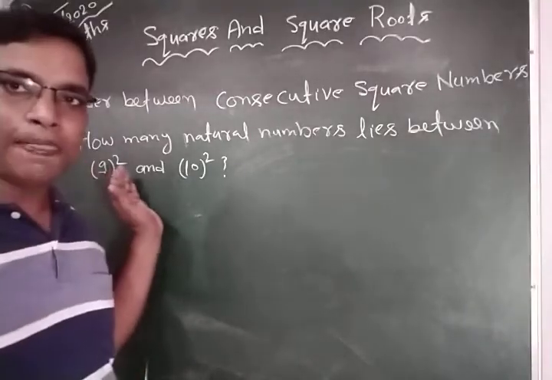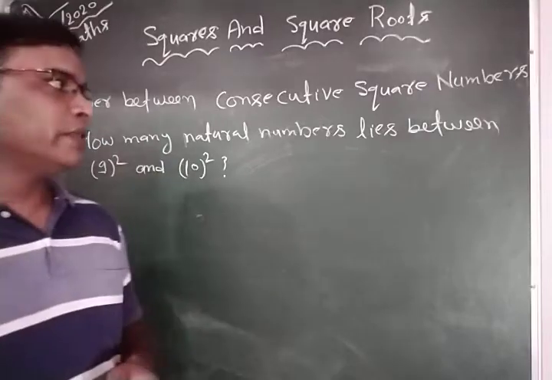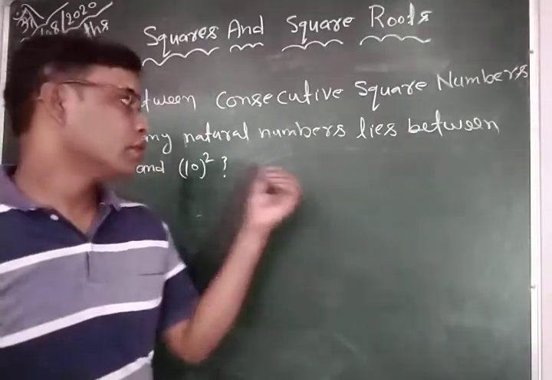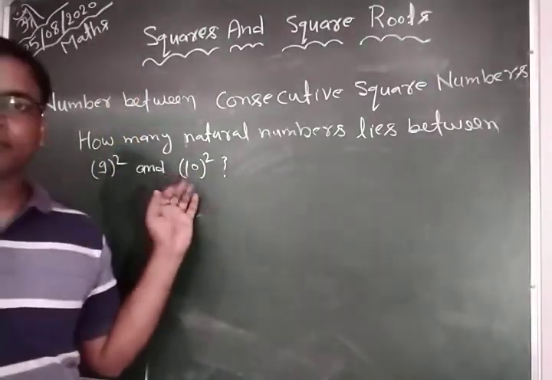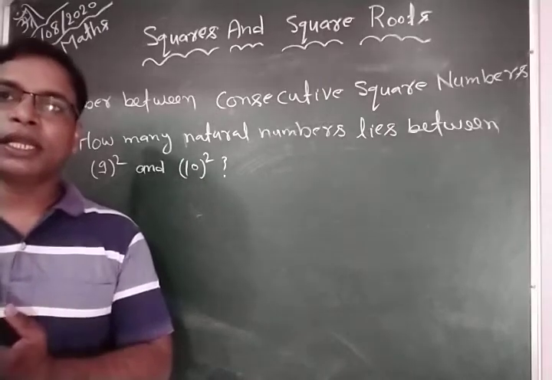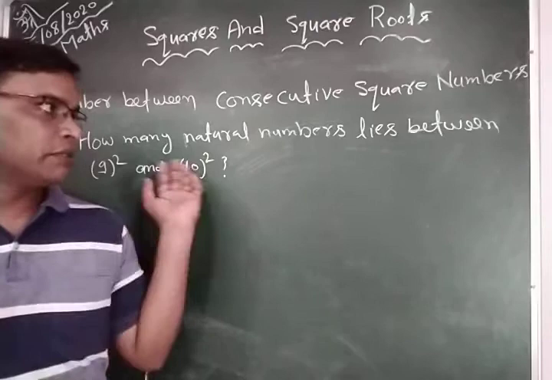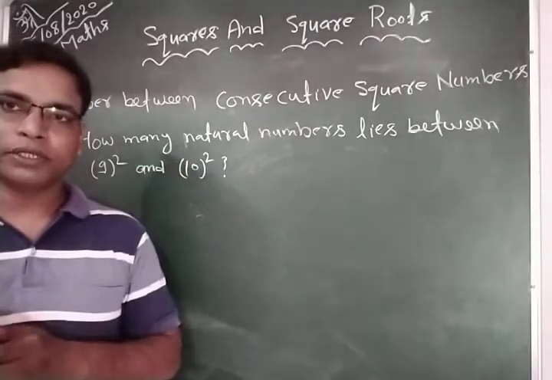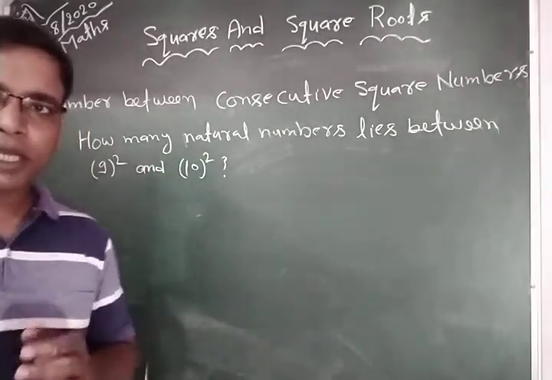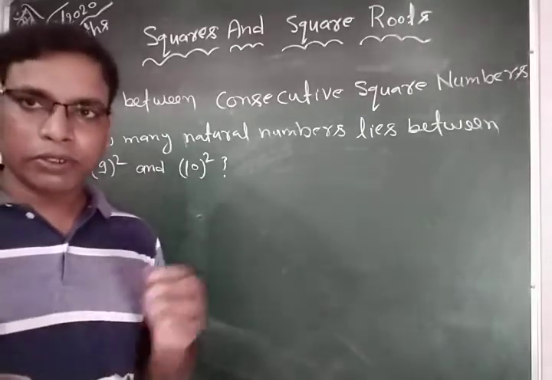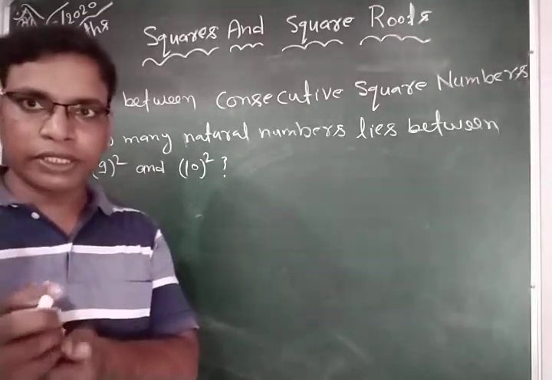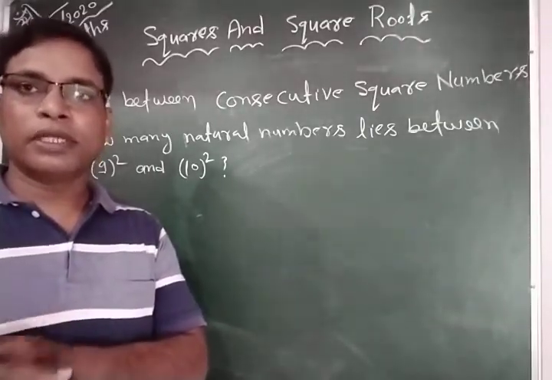One question here: how many natural numbers lie between the square of 9 and the square of 10? It means how many non-square numbers lie between the square of 9 and the square of 10. We know that the non-square numbers between two given consecutive numbers is double the smaller number.